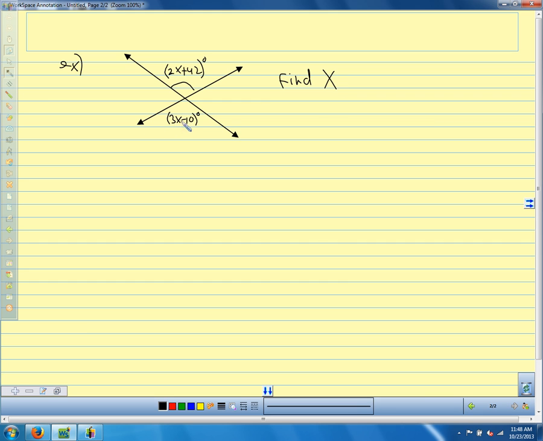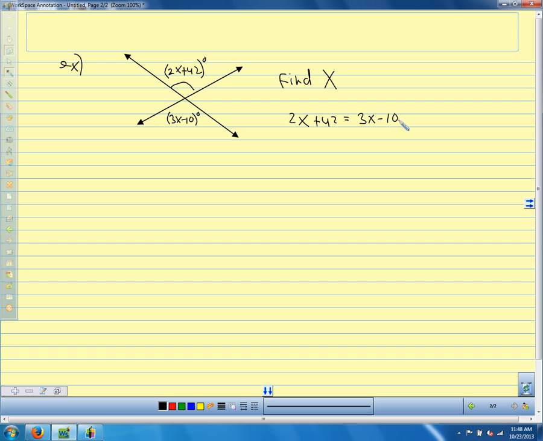So what do we know about these two angles now? Or what did we just prove about these two angles? We proved they're congruent. So how can I set up my problem? 2x plus 42 equals 3x minus 10. They're congruent. They have to equal each other.